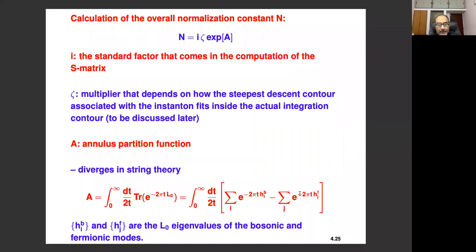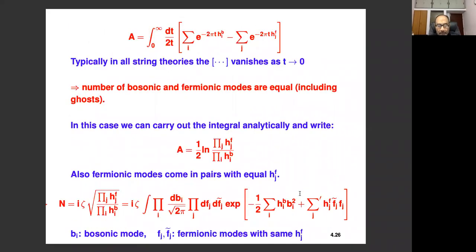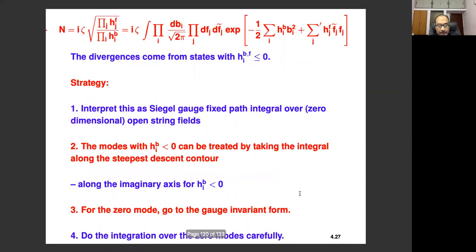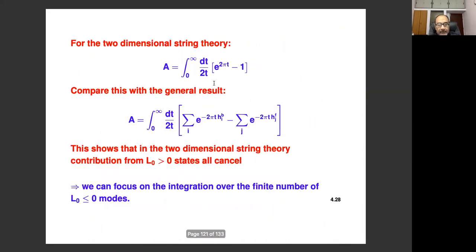Okay, let me proceed. Maybe I should show the result for two-dimensional string theory. So this is the result for two-dimensional string theory. This one you can recognize comes from the tachyon, because h is minus 1. This minus 1 comes from the following result. So this is the Siegel gauge spectrum.